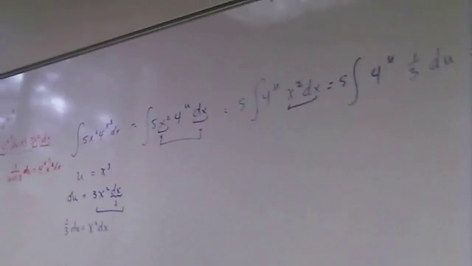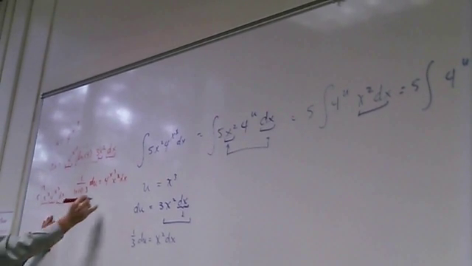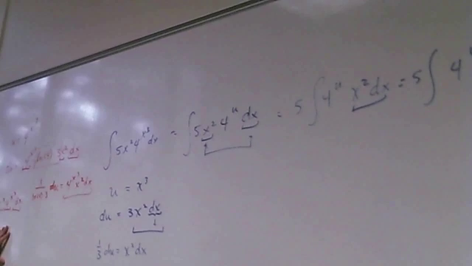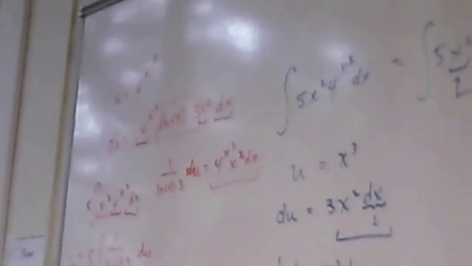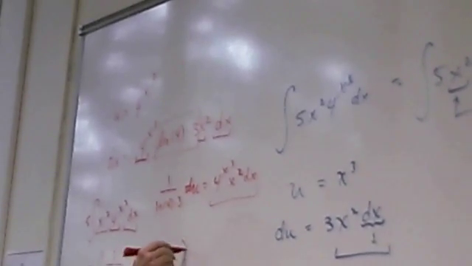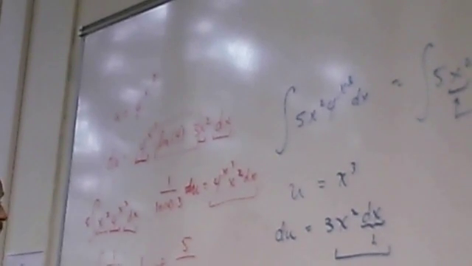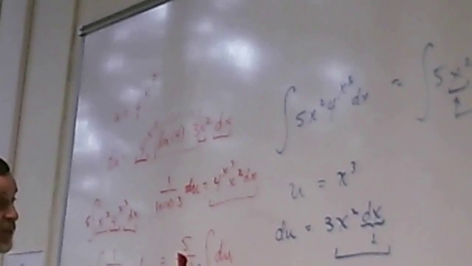See what I did? Well, wow, that's the whole inside. So this becomes 5 integral 1 over ln of 4 times 3 times du. What do I do with that? Those are all constants. Pull them all outside. Okay, what's the antiderivative of du?